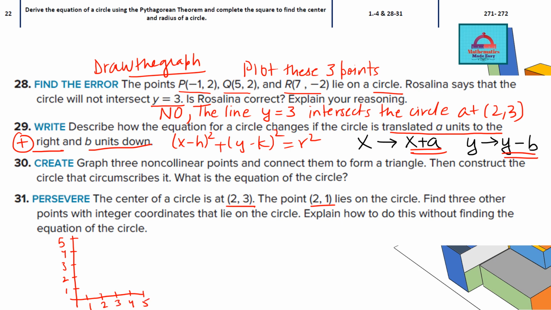The first point is (2, 3), so this is where the center is lying. The second point is (2, 1), so it will be somewhere at the bottom, just below this point.